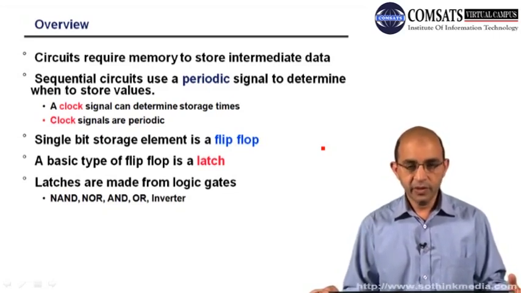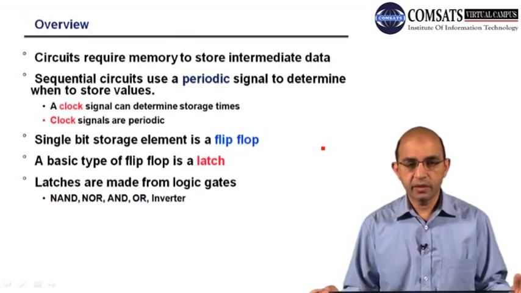Sometimes we need memory to store the data that is obtained by performing different logical operations at the intermediate stages, right? And in order to store that data, we need something else beyond the combinational logic which we have studied so far.